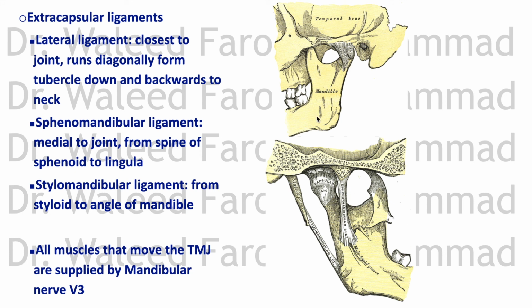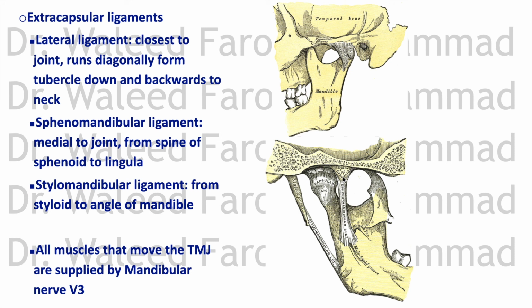Now, another two ligaments don't have to be right on the joint. You know a ligament belongs to a certain joint when, if you remove this ligament, the joint will be dislocated. Like the ligaments we see here.